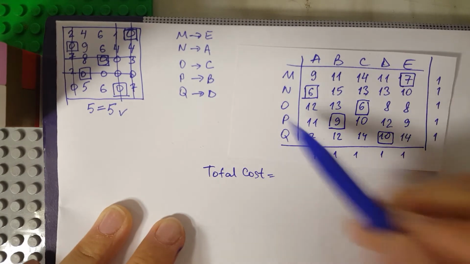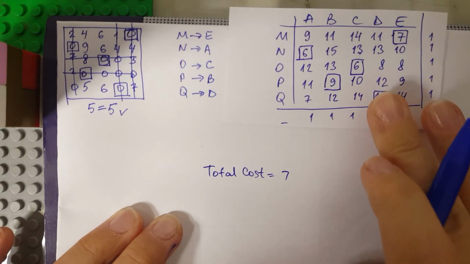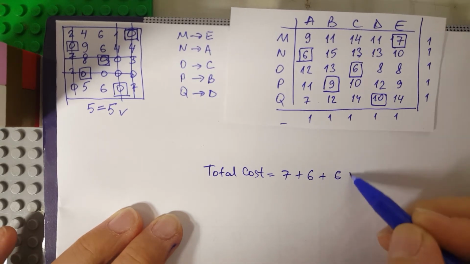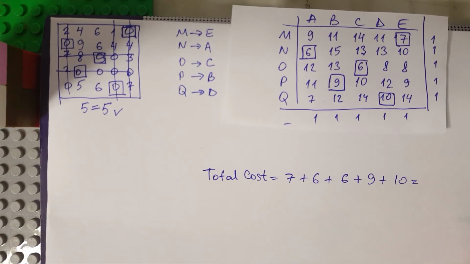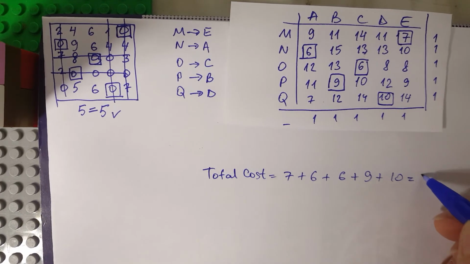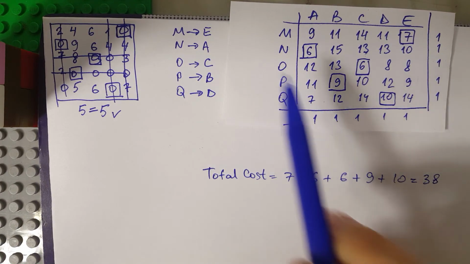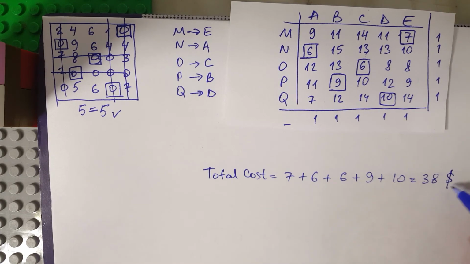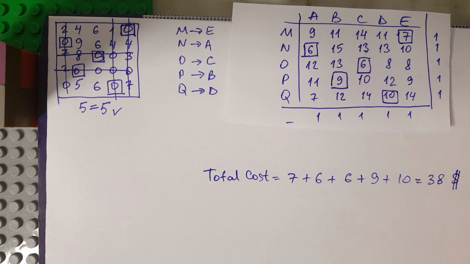So if we sum up these costs, it will be 7 plus 6 plus 6 plus 9 plus 10, which will give us 38 in total. So we can write that this assignment problem will be performed at a total cost of $38.